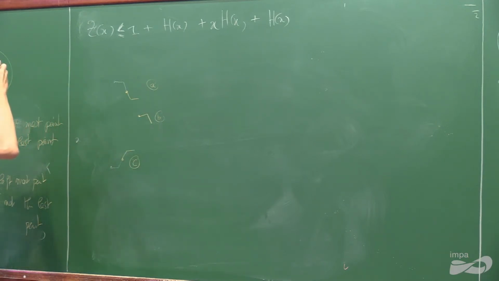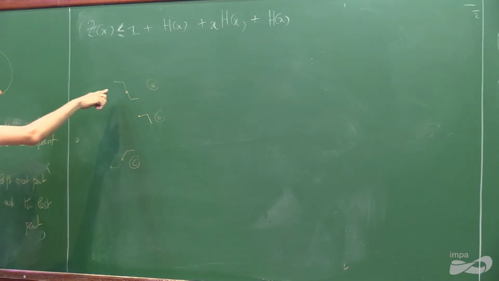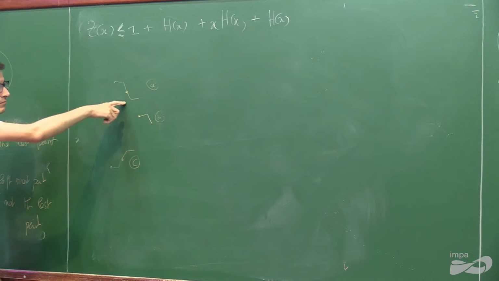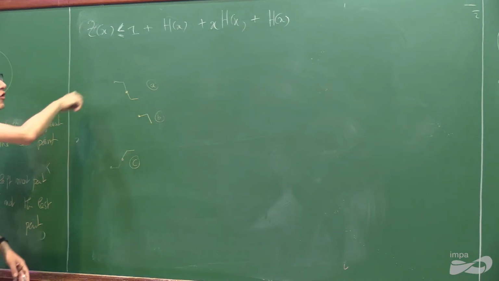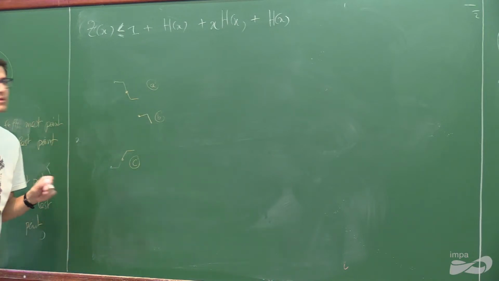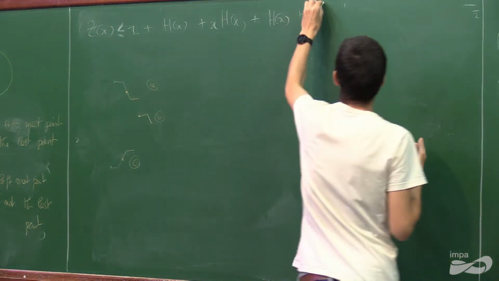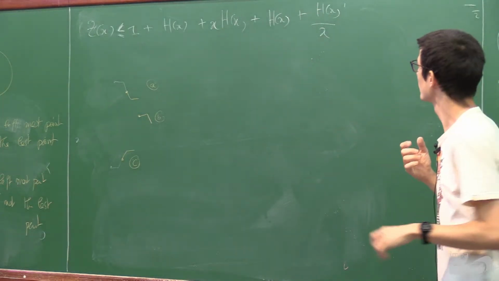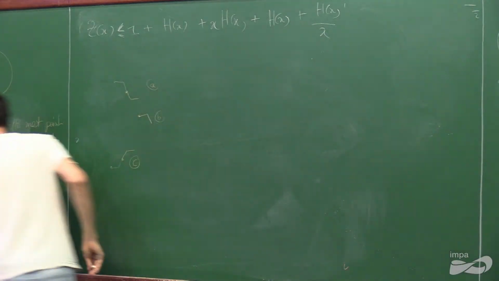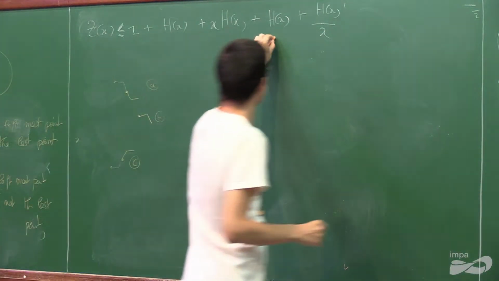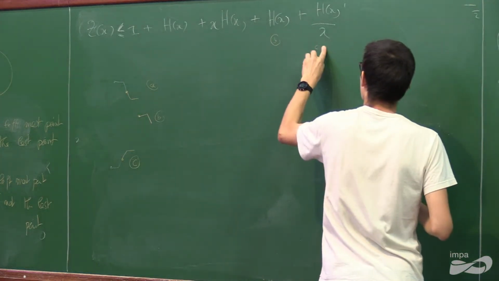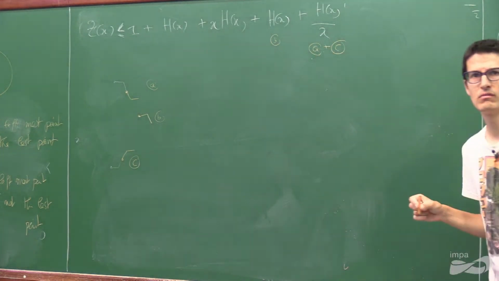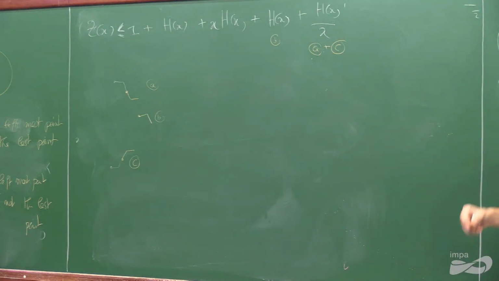The only thing I have to check is that I have augmented the length by 1. So I have to sum hx over x. This is for B, and this is for C plus D, for A plus C. So far, so good?